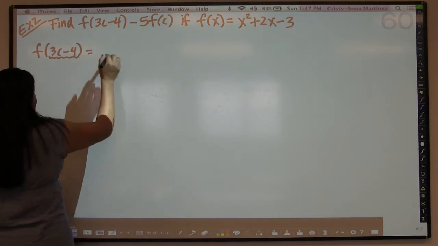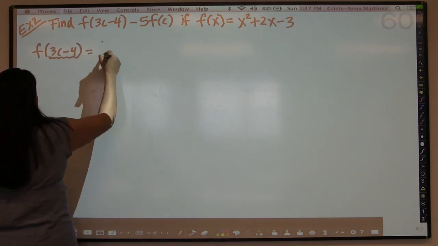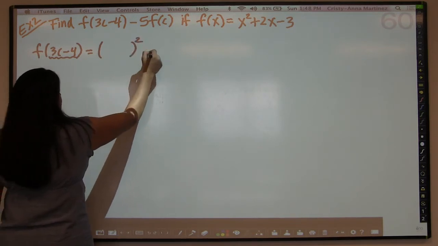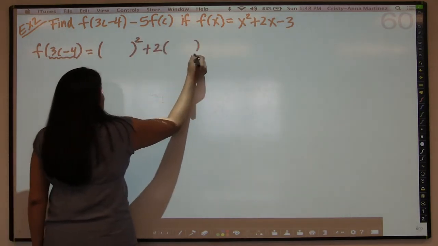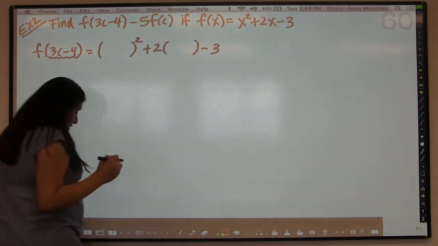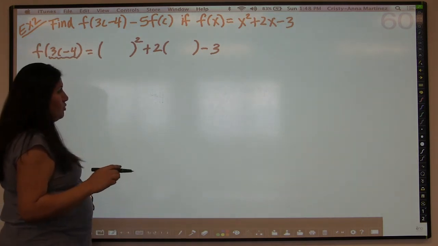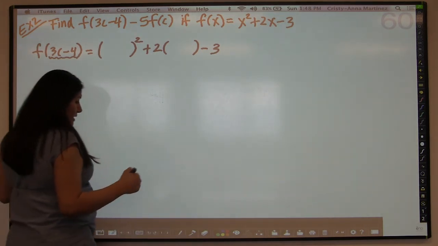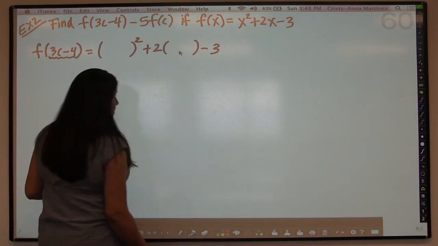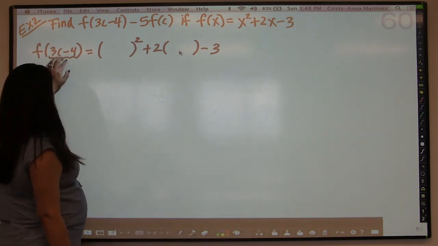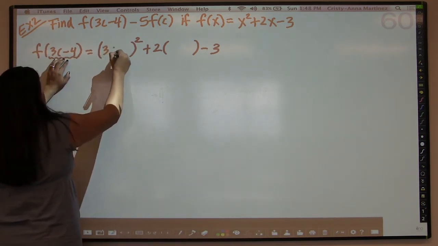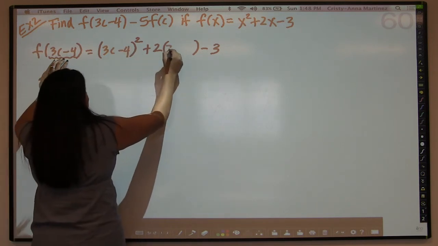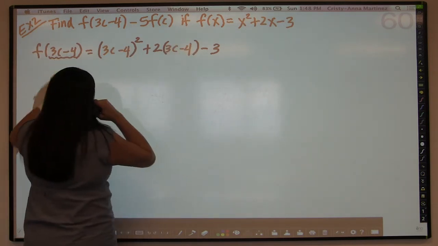So I go to my f function, and it says to do x squared plus 2x minus 3. I use parentheses instead of the variable to remind me that I'm going to be replacing the x variable with something else. And that something else is 3c minus 4 in both x spots.